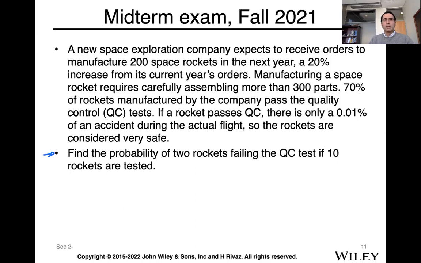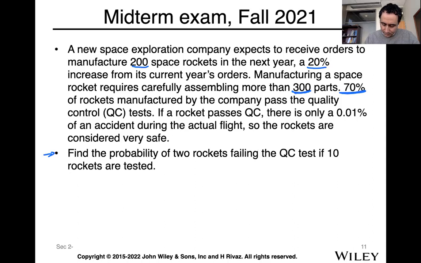For this course, in my opinion, questions that are worthy of your time are usually long questions, so you have to be able to summarize the information. I always like to highlight the numbers because usually numbers are important. So 200, 20% increase, 300 parts, 70% pass QC.